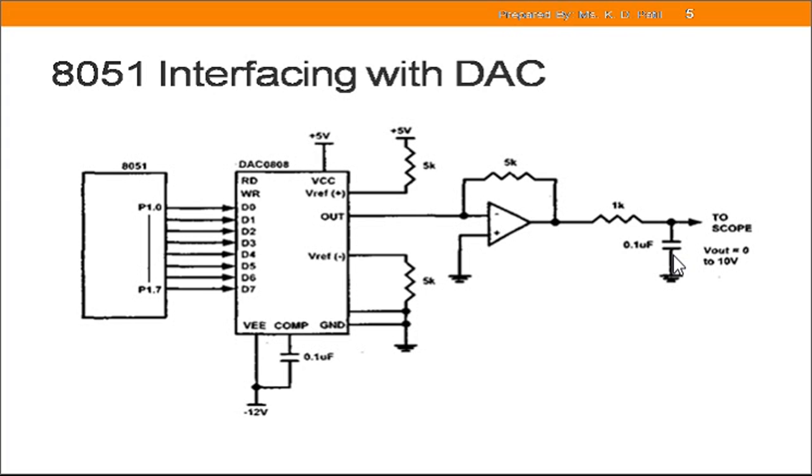So, the I out current output is isolated by connecting it to the operational amplifier such as 741 with R equal to 5 kilo ohm for the feedback resistor.